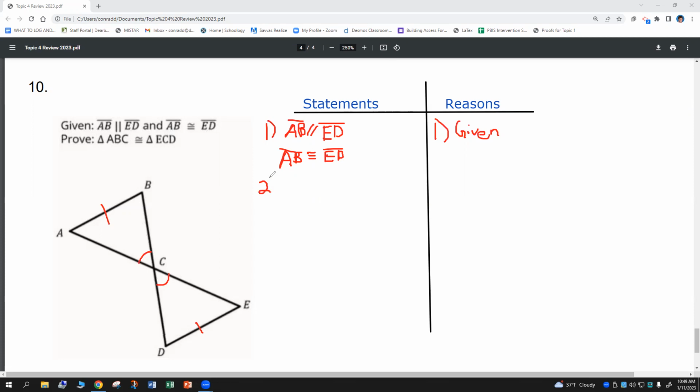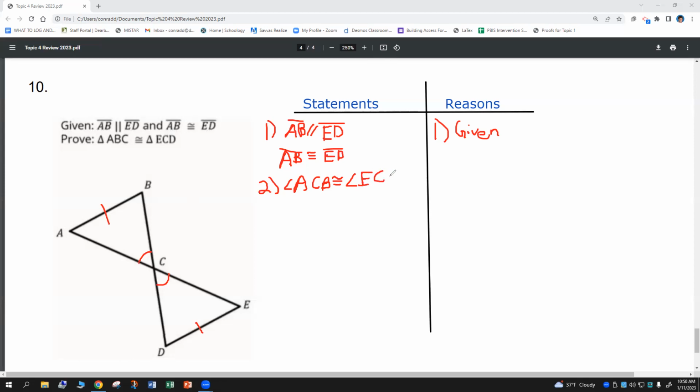Okay, and that can be my step 2. Angle, again, C is in the middle. C is the vertex. So when we name it, we got to have the C in the middle. So I'm going to do ACB is congruent to angle ECD or DCE.